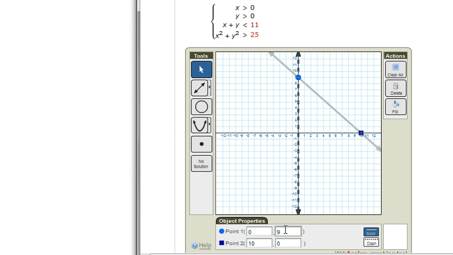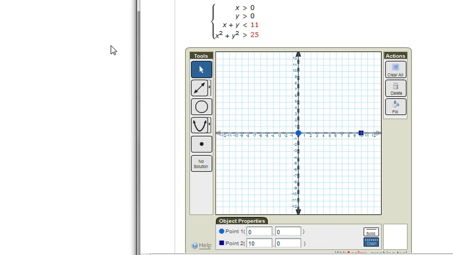Here we go. So I did 0, 0, and I meant to do 10, 0. Yes, I did 10, 0. And we make that into a dashed line also. Okay, so those are the first two.